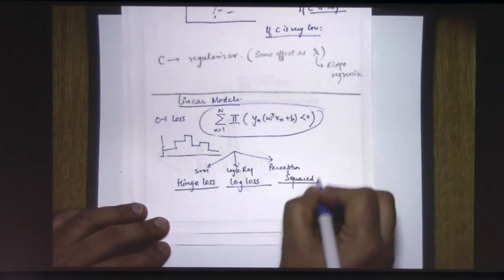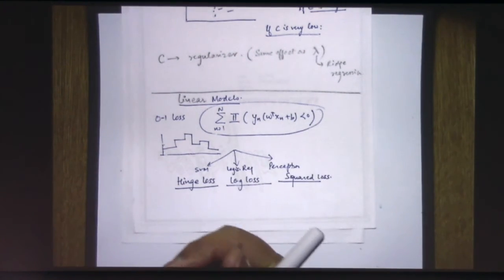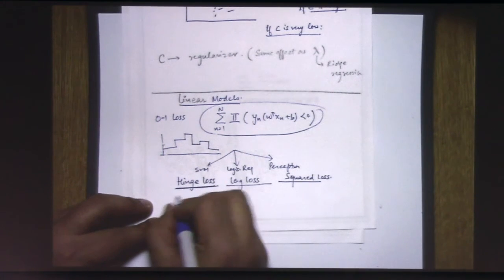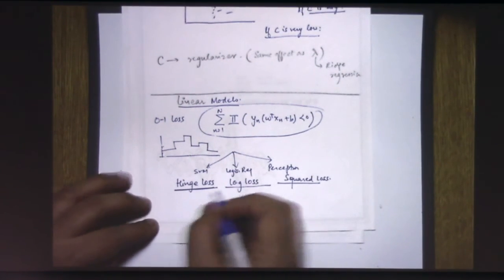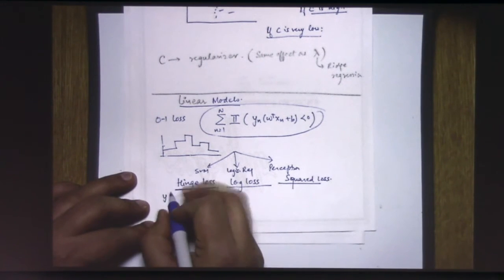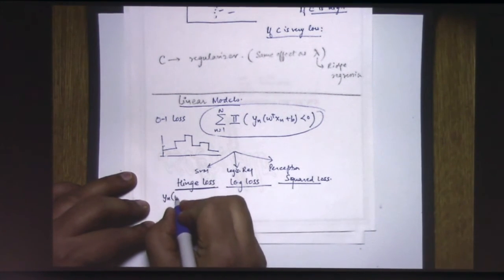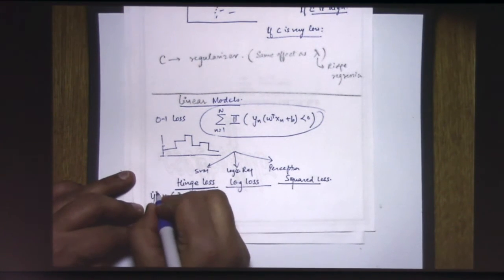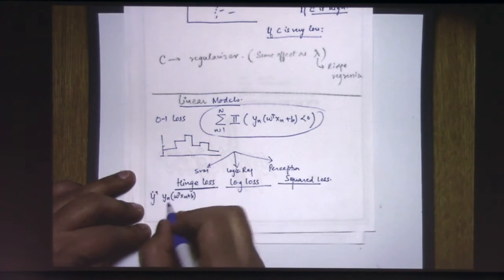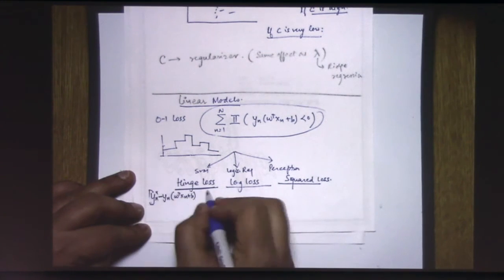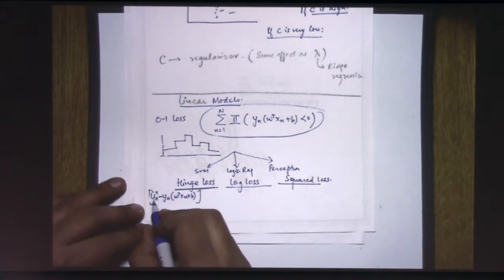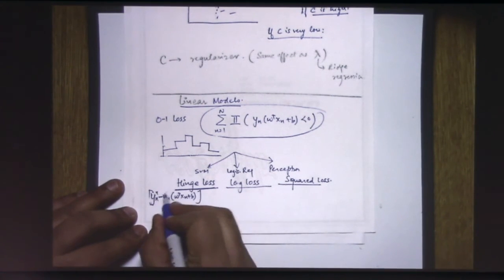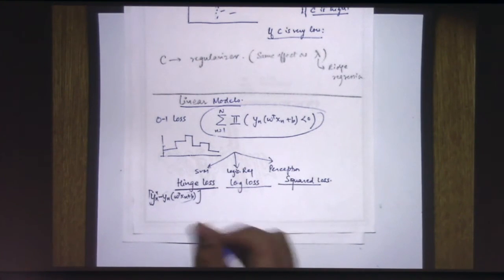If you look at one training data point, the loss looks at yn times (W transpose xn plus b), or yn minus this, and if it is less than that quantity, then you pay that penalty. I'll explain a little more of that.